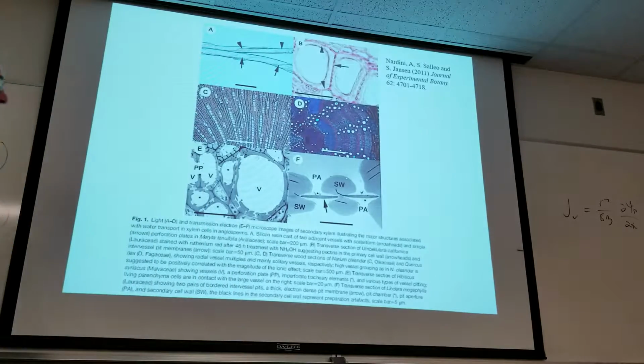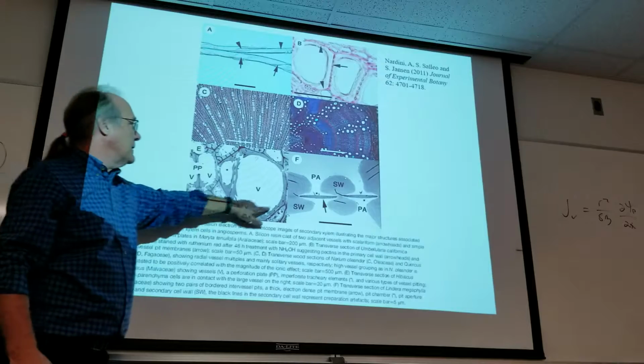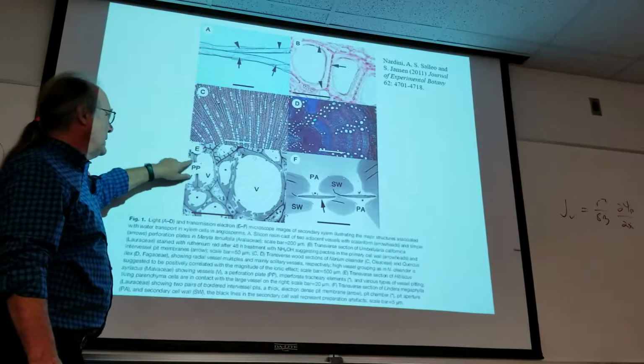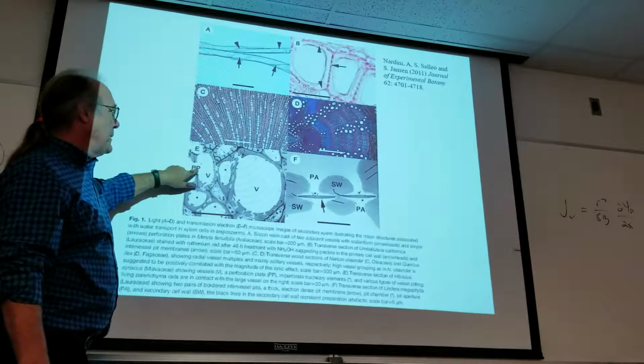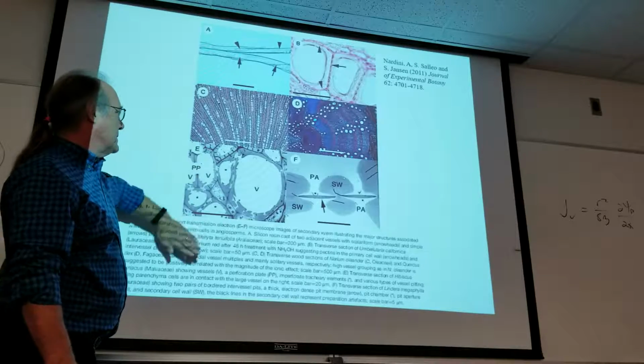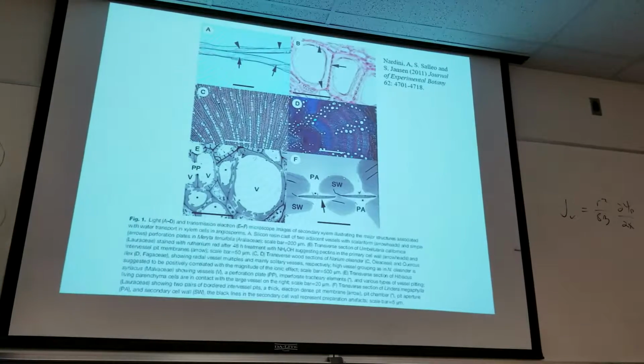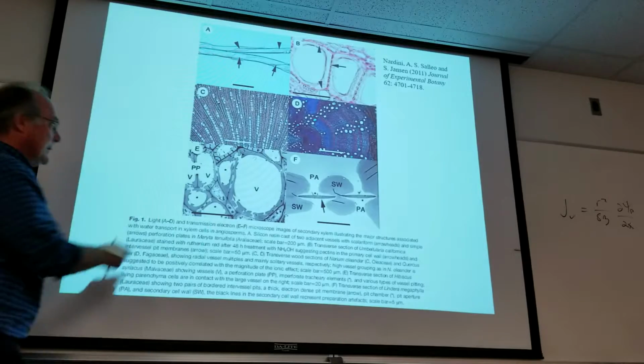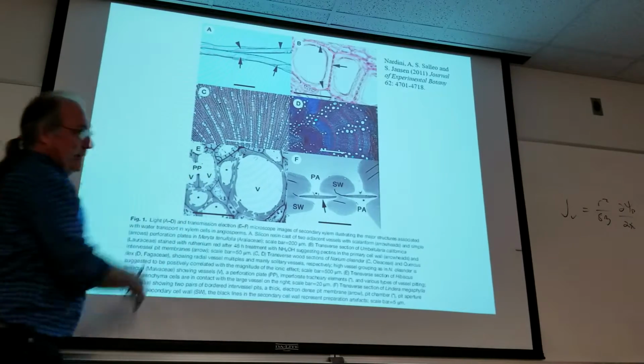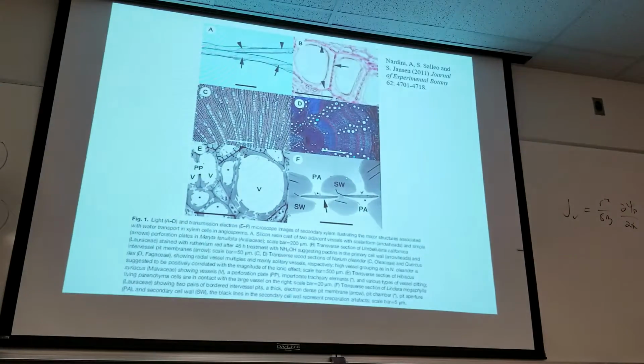And you can read about some of that stuff here. Here's a vessel, here's a vessel, here's a vessel. Here's the perforation plate between these two vessels that just happen to be sliced through. So you can see how that is. And see, really, there's nothing there. It's like open.